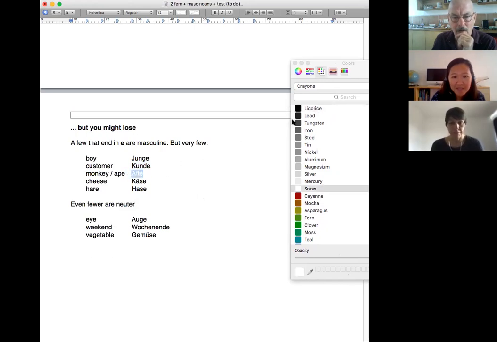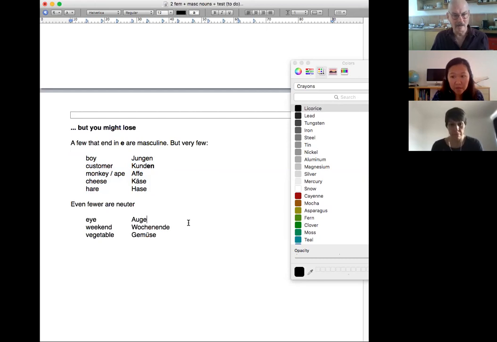And all of those are going to make the plural by sticking an N on the end. These are slightly different because they have an N declension, which you may or may not know about. So boys is going to be Jungen. That's the pattern. E is asking for an N to be added. A few words that end in E are neuter: Auge, Wochenende, and Gemüse.